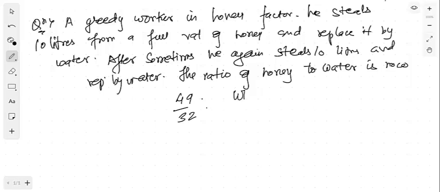Then you have to find what is the capacity of the vat initially.